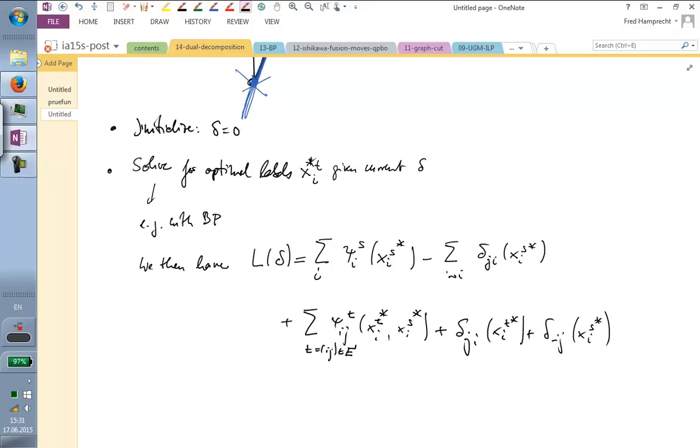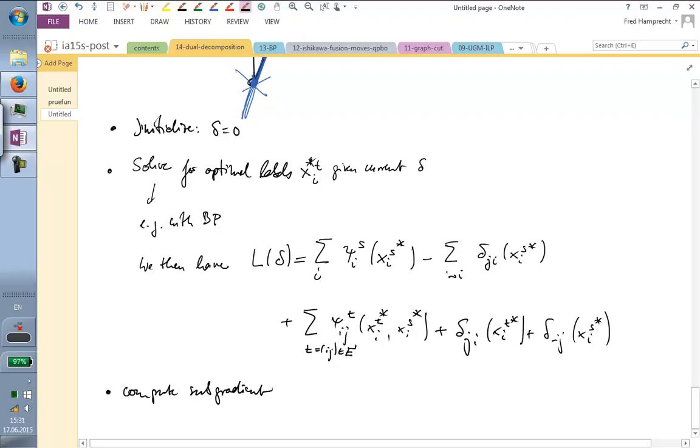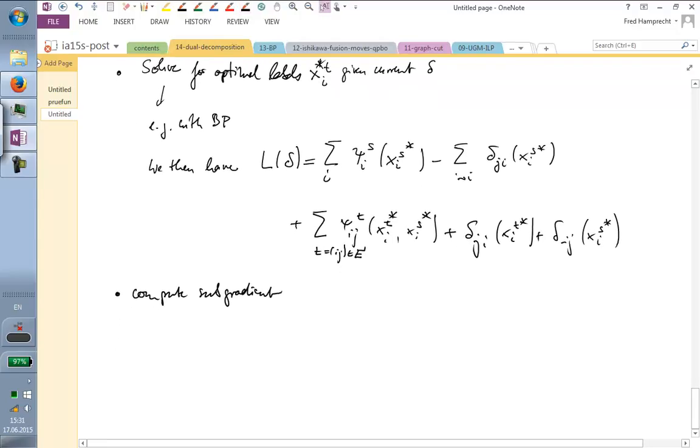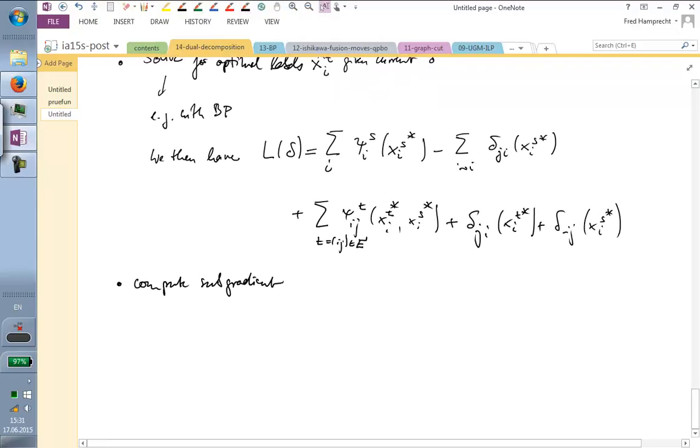So to do so, I compute the subgradient. And to compute the subgradient, I take the derivative of L with respect to, for example, delta_ji, and delta_ji is a vector.